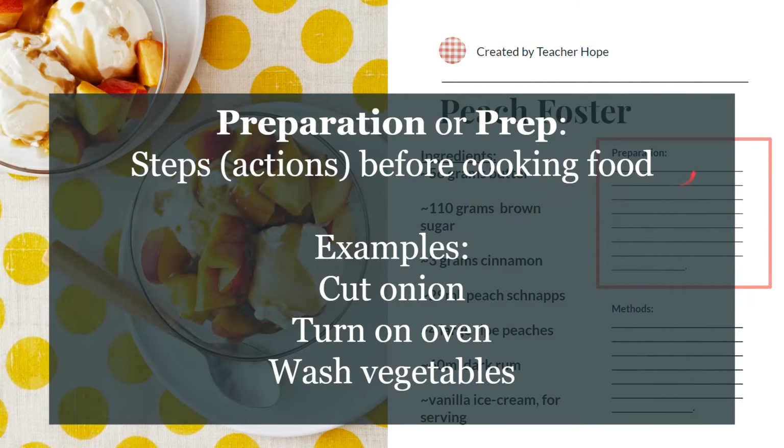So before you cook the food, what steps do you need to take to prepare? For example, some types of preparation might be cut onion, turn on oven, or wash vegetables.